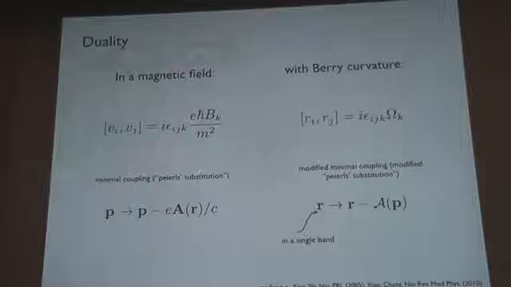So I've changed the big A, the vector potential, to this curly A, the Berry connection. This is in real space R, and this is in momentum space P. By doing this simple substitution into your equations, you can already see that this produces this commutation relation as well. So this duality is pretty deep, and more details can be found in these papers.